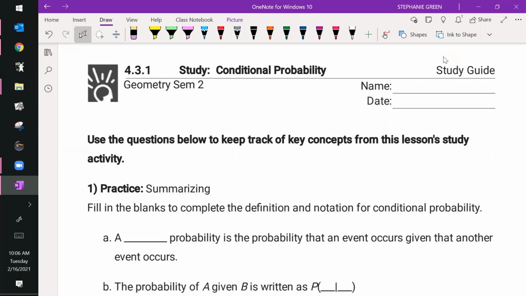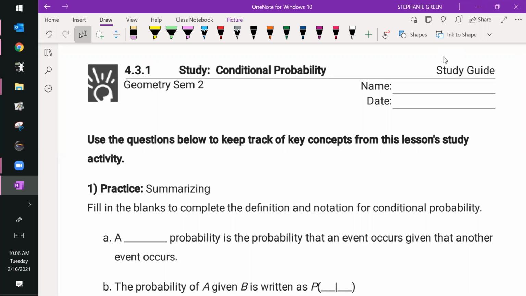In this section, we're going to go back to the concept of independent and dependent events. When we talked about dependent events, we said the probability of one event occurring was dependent on another event if it affected the probability of that other event. We talked about how if it's raining, you're more likely to bring an umbrella.